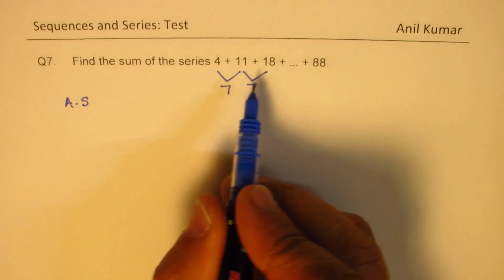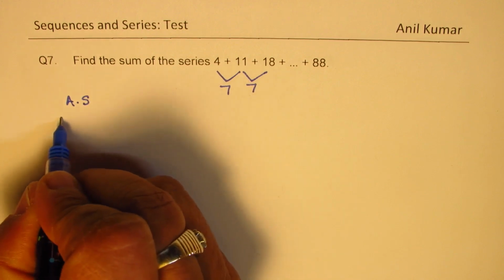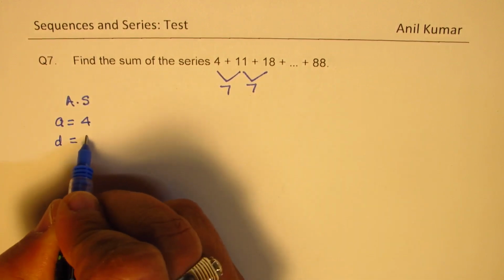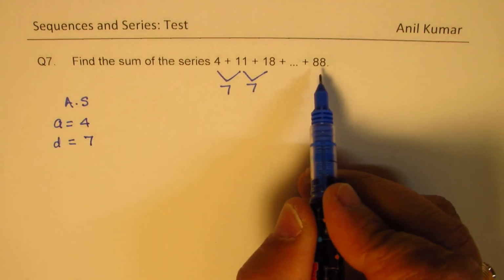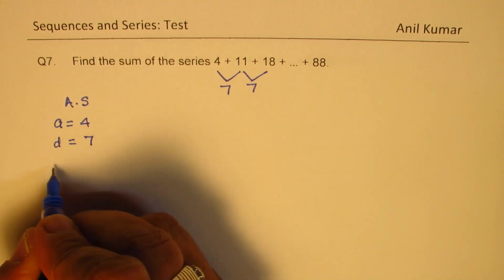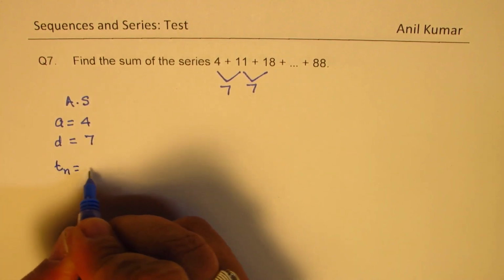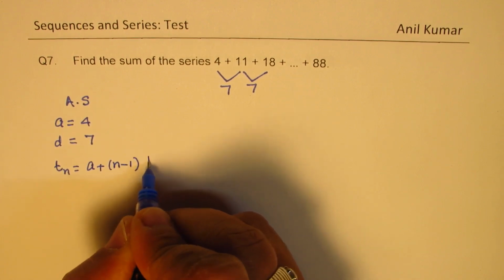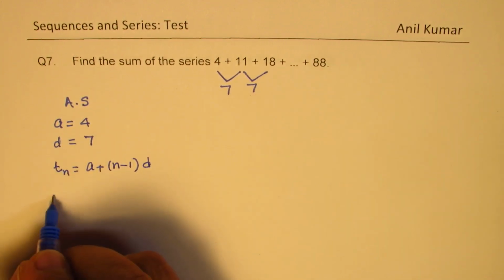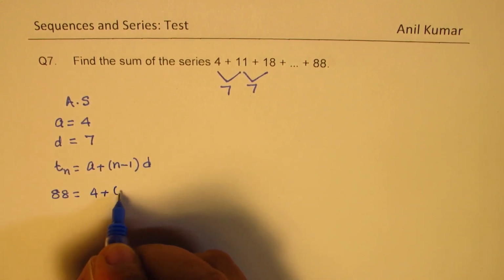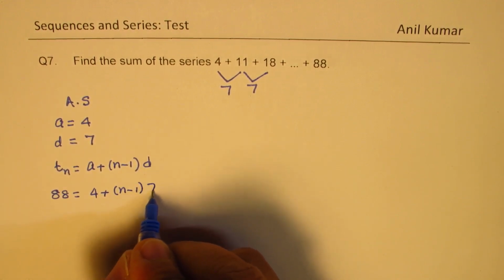So we at least know two things about it, that A is equal to 4 and the common difference D is equal to 7. Now we have to find the number of terms in this particular series. We know the formula that Tn is A plus n minus 1 times D. So Tn is 88, so 88 is equal to 4 plus n minus 1 times 7.